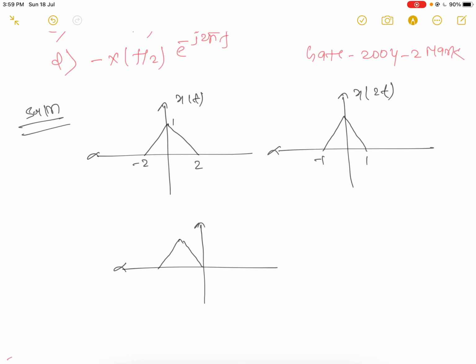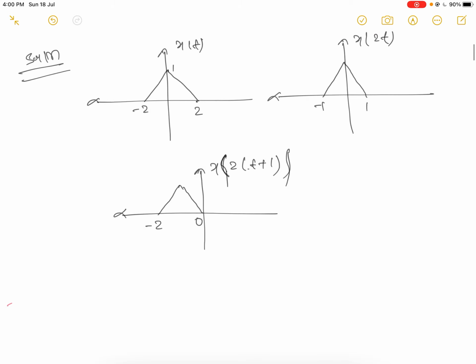Here will be -2, here will be 0, then it will be x(2t+1). You can check it: when you put t equal to 0, here will be x(2). So compared to the original graph, whatever you get at the x(2) position, you get here at x(0).